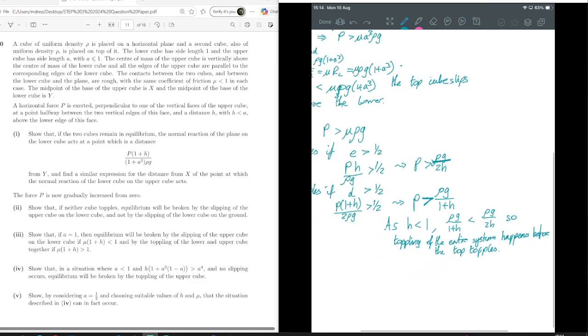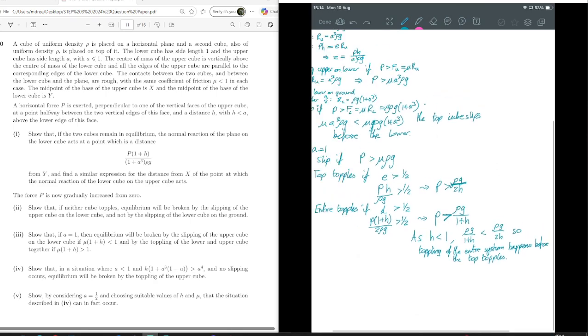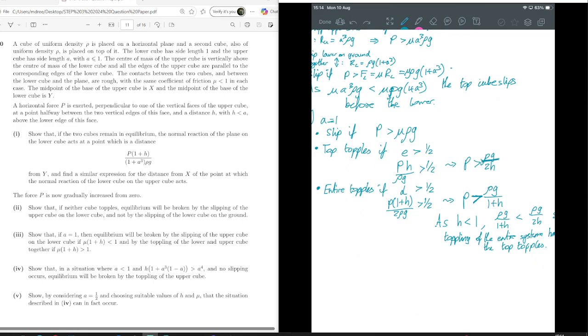So now we want to compare the two. And if you do look at what the answer we're looking for, you won't be surprised here. So now we want to compare mu rho G and the other. So how do I want to say this?